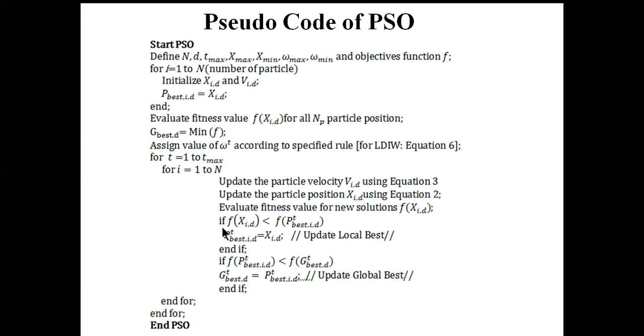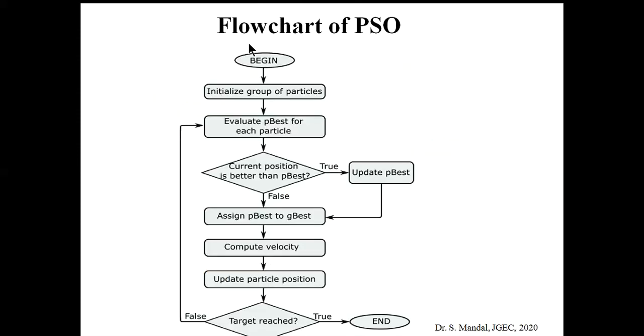This will continue for all n particles, and for the t max number of iterations, and ultimately we get the global best solution as the output. So the ultimate output will be gbest_d, that is the output for the particular optimization problem.